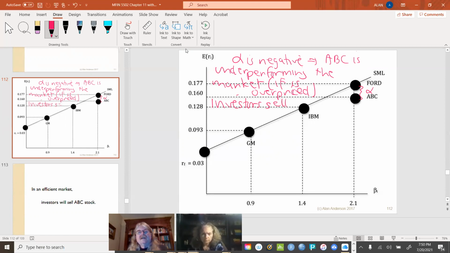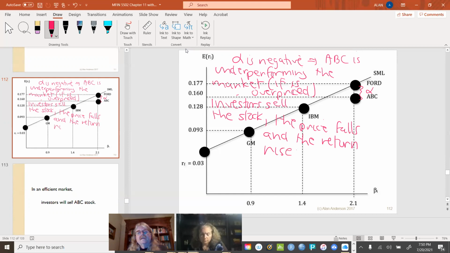Investors sell the stock, the price falls, and the return rises, until it is right back in the line again. Okay. So this is what will happen. It'll happen fairly quickly. So if you own this stock, you'd want to dump it because it's too expensive.